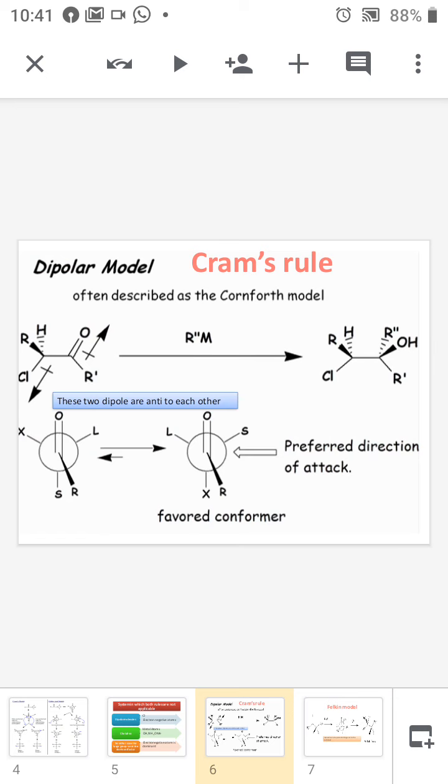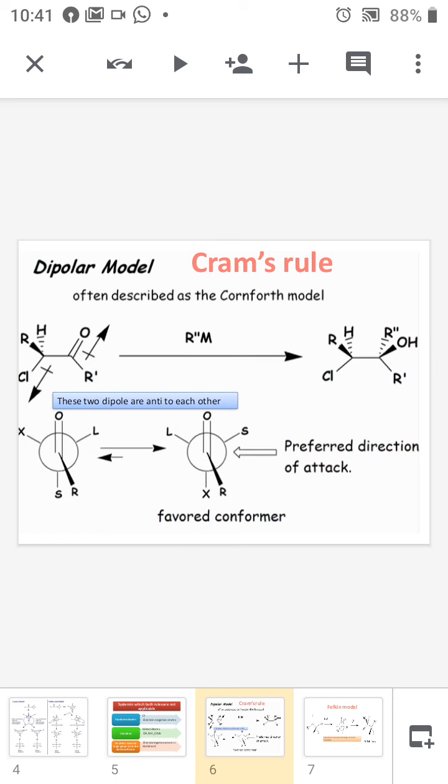So how will we write Cram's rule in this case? According to Cram's rule, the largest group is 180 degrees apart from the carbonyl group, but this is an exceptional case. Here, chlorine is an electronegative atom.